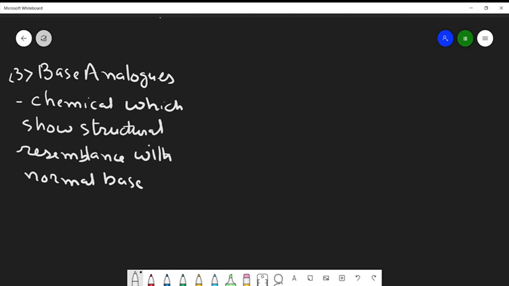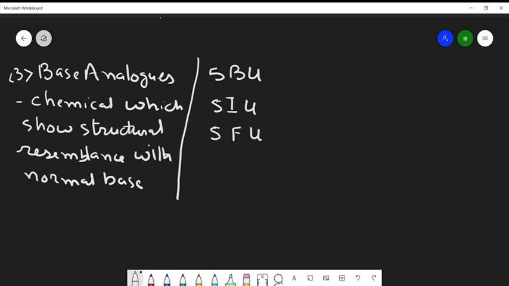I will cite a few examples. 5-bromouracil, 5-iodouracil, and 5-fluorouracil are base analogues of the nitrogenous base uracil.